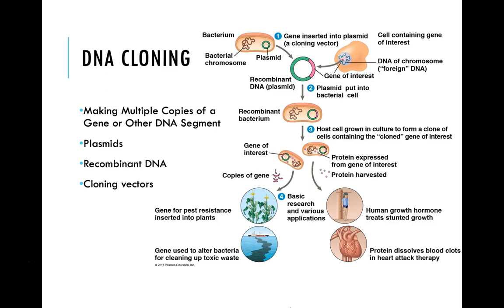And then we use a process called transformation, which is just the process that puts the plasmid DNA back into the bacterial cell. And the reason that you do this is that it allows the bacteria to clone or copy that plasmid. It also allows that bacteria to produce the protein that's going to come out of that gene sequence. So we let the bacteria do the dirty work for us.